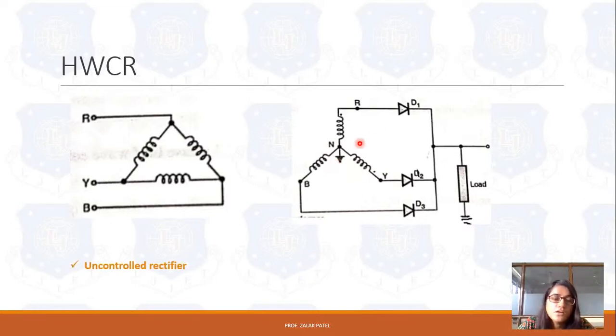So here it is an uncontrolled rectifier because of the diode connection, and for this the load voltage is equal to the phase voltage if it is connected in delta connection. This statement is due to the three-phase connection. Load voltage equals phase voltage in case of delta connection, and in case of star connection, phase voltage is equal to line voltage divided by √3.